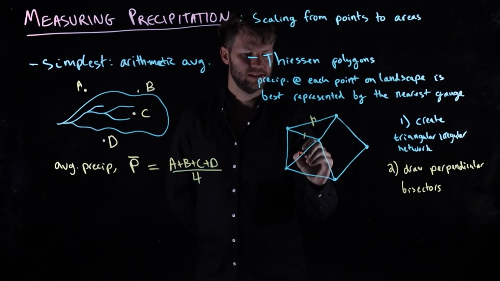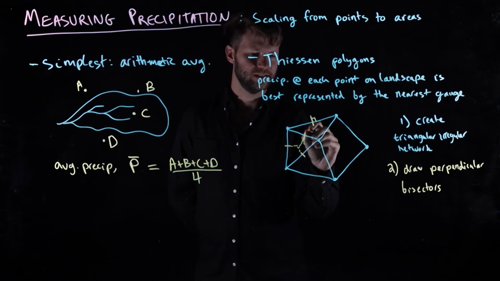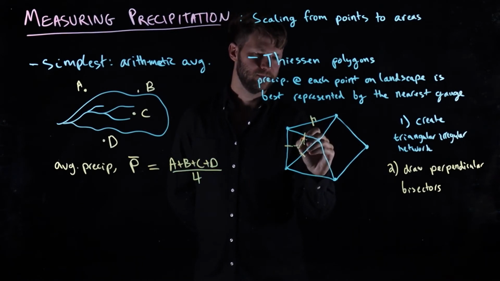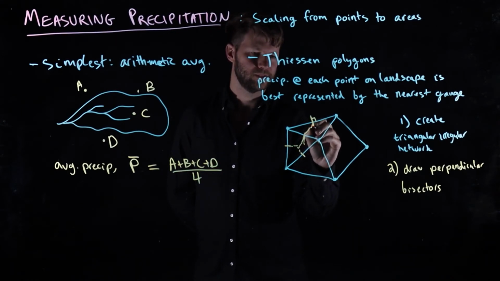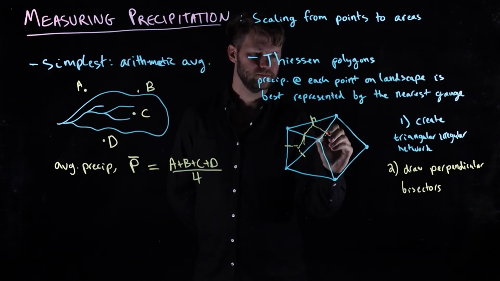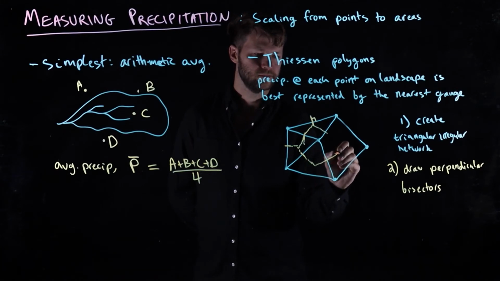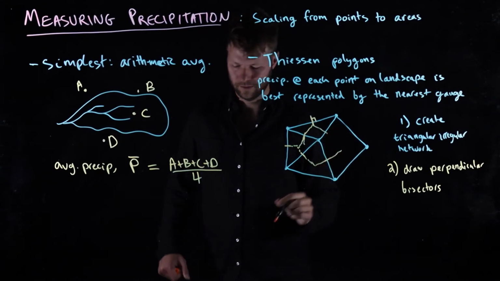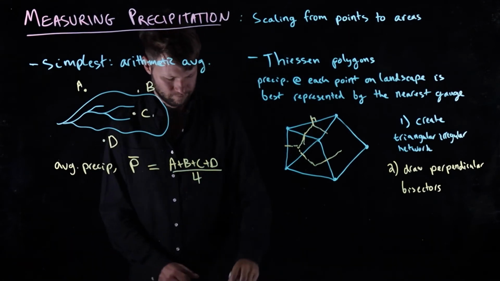I have a bunch of these in here. And they should, if I had done this correctly, all meet at the same spot in the middle of these triangles. Oops, I'm missing a triangle here.